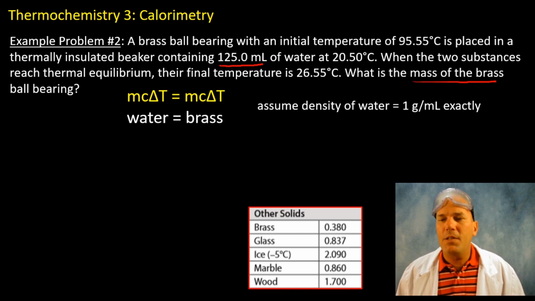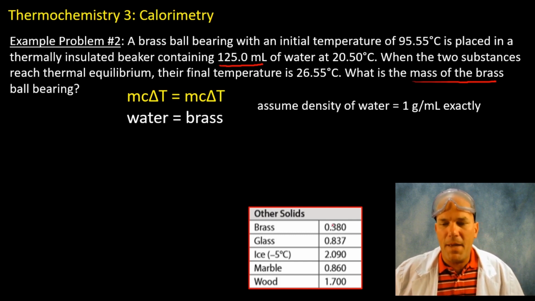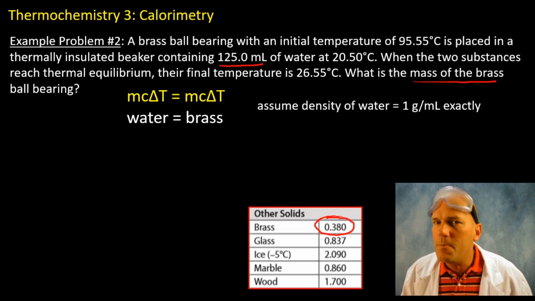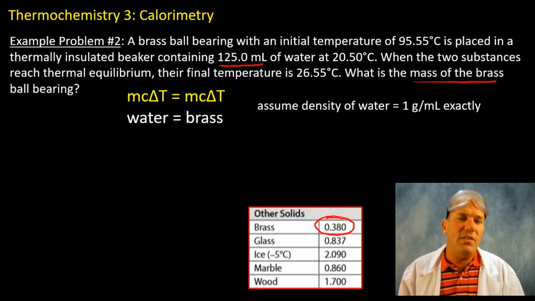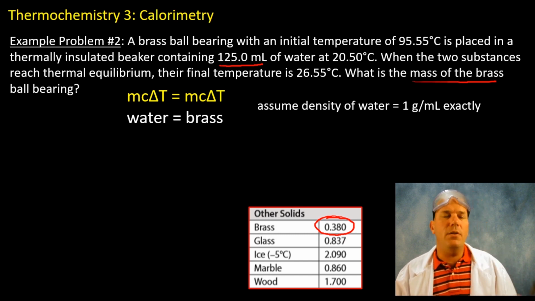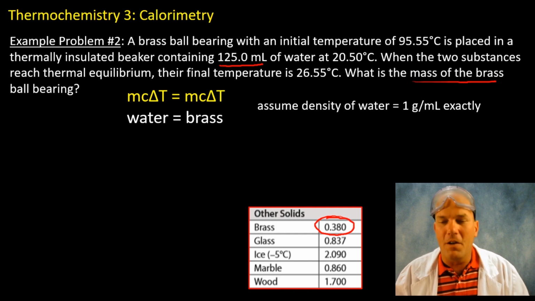Also, I want to bring to your attention the specific heat capacity for brass. You will be given this information in any problems that you are asked to solve. In this case, it's 0.380. Wow, that's considerably less than the specific heat capacity of water.